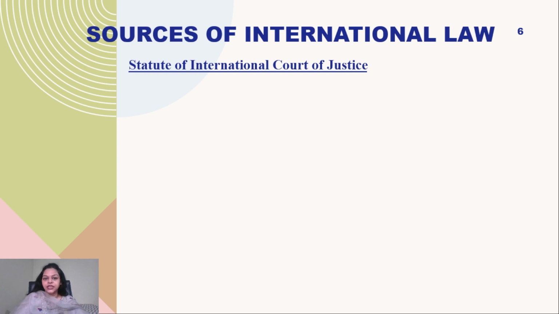So, the International Court of Justice, which is one of the chief organs of the United Nations, its constituting document, the document that governs it, is known as the Statute of International Court of Justice.